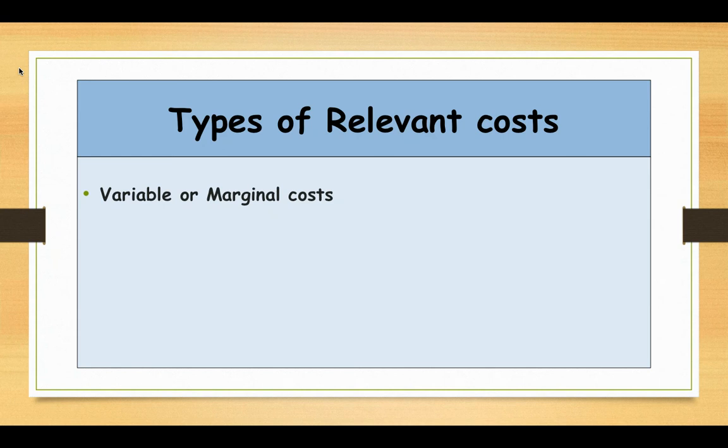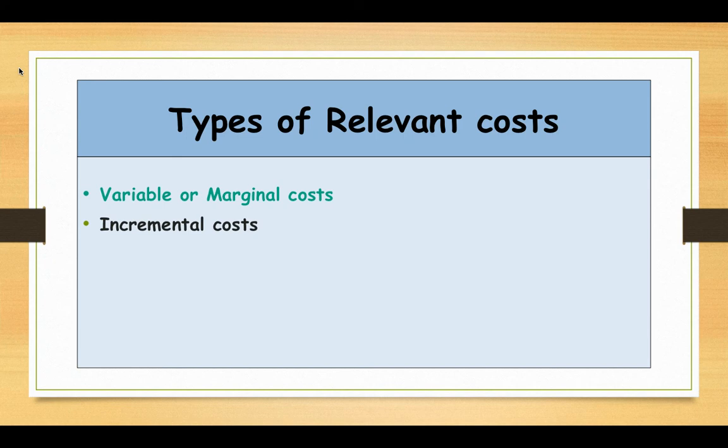But if the company has already bought the material and the material is in stock, so that means the company has already paid for it. So that cost is a historical cost or sunk cost. So that is not relevant. So we need to be careful when deciding whether that particular variable cost is relevant or not relevant.